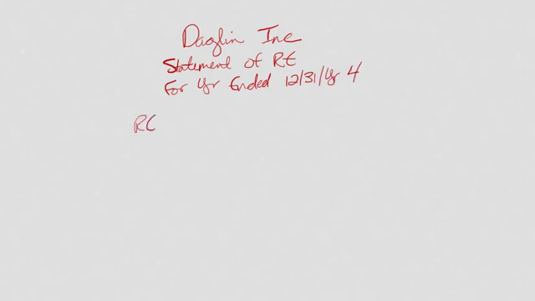So, statement of retained earnings for year ended. If the year 3 books are closed, then this would be the 12/31 year 4 set of financial statements. Retained earnings, January 1, as reported. And I'm going to have to stop right there because I don't know this number.